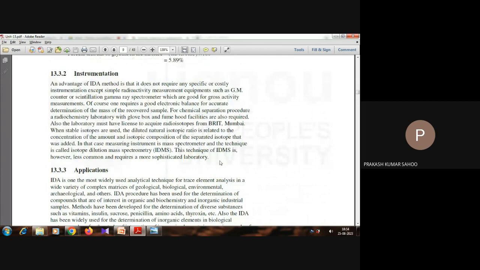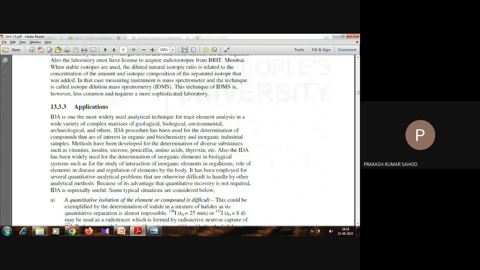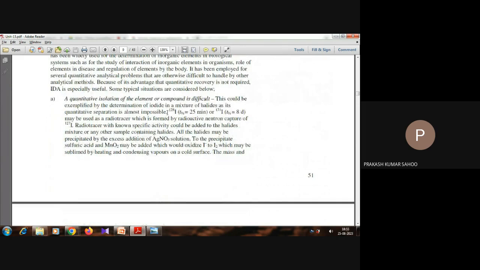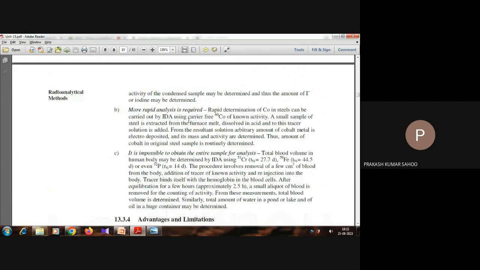We also have some applications, where quantitative isolation of an element or compound is difficult, so we can use this method for the determination. Then just go through these examples.